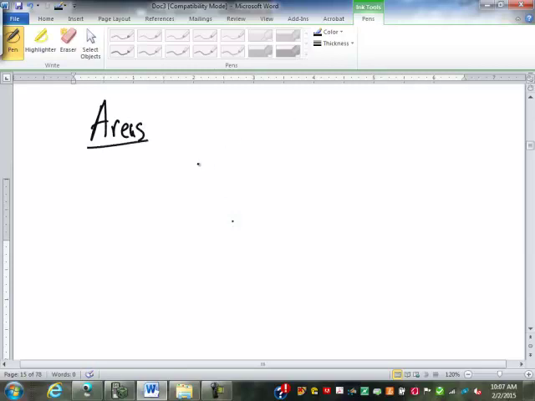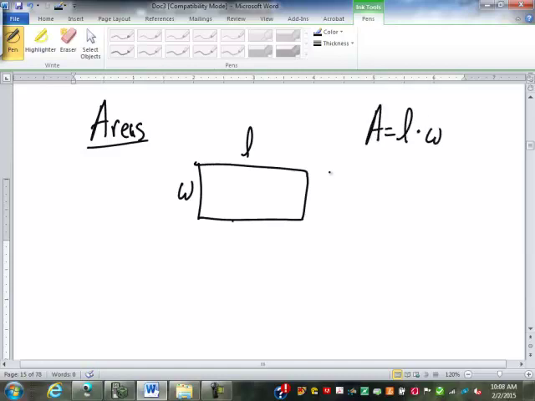Our formula for area of a rectangle, that's the length and the width. The area of that rectangle is the length times the width. So let's say that this has a width of 7 inches and a length of 15 inches.